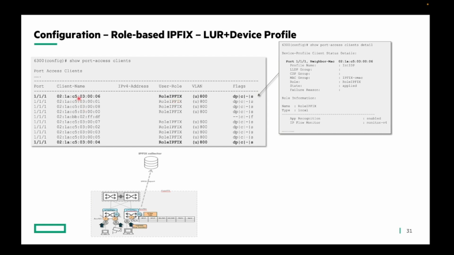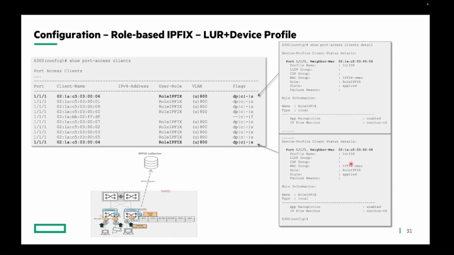So I have multiple clients connecting to the same interface. All of them are getting authenticated because I used OUI to authenticate. And further getting into that particular client detail, you will see that it got applied with the device profile. This is what I had defined in the previous slide. And the role and the MAC group, there's no failure reason because it was successful. It's the same for the other client as well.